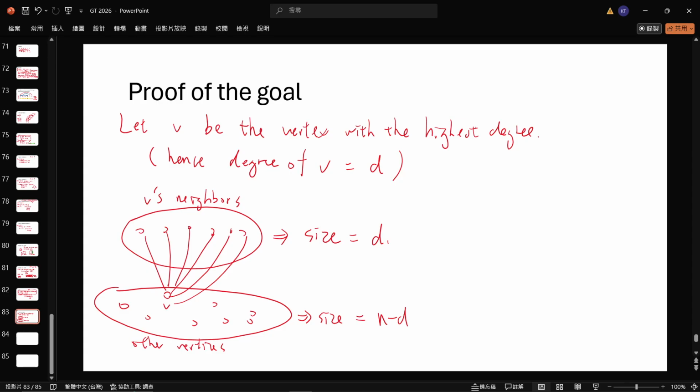Are there any properties you can see related to this picture? If we do not allow triangles, then we cannot have edges between any two vertices in this set, because if you have an edge like this, you'll create a triangle.